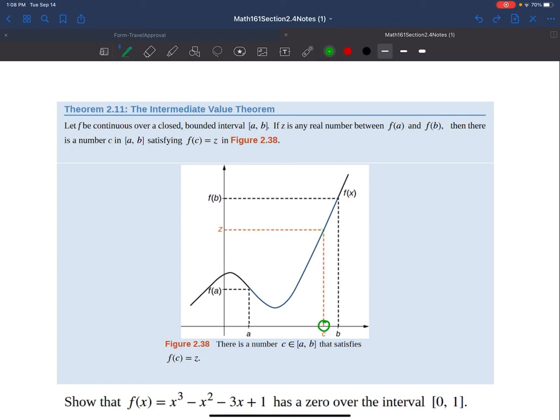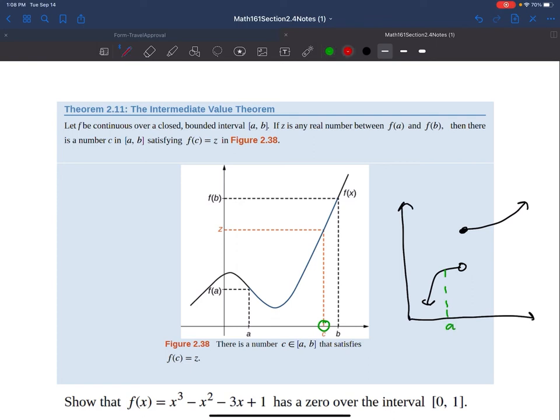Now, why do I need continuity? I'm going to draw a little picture over here. I'll draw it in black. Why will this not work if I'm dealing with a discontinuity? Let's take one example of a discontinuity. Let's do everything the theorem says.